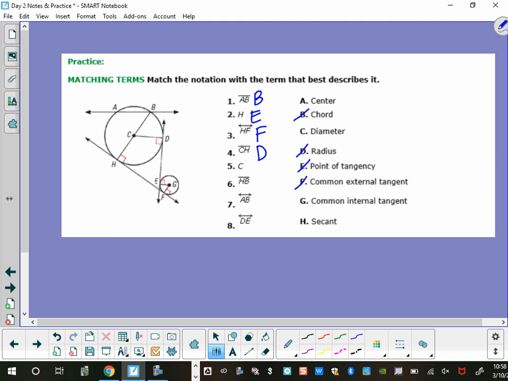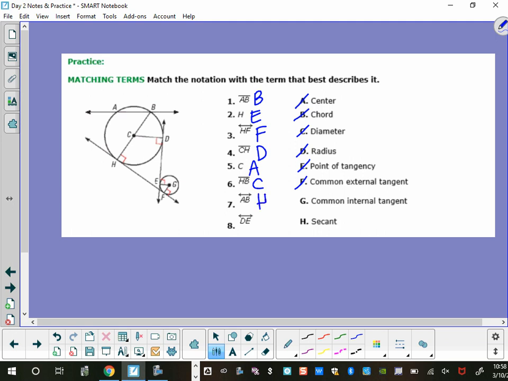Number 5, C. A. A, that's the center. Number 6, HB. C. C, which is diameter. Number 7, line AB. G. No, not G. H. If it goes through, if it was a tangent, it will only touch the circle.